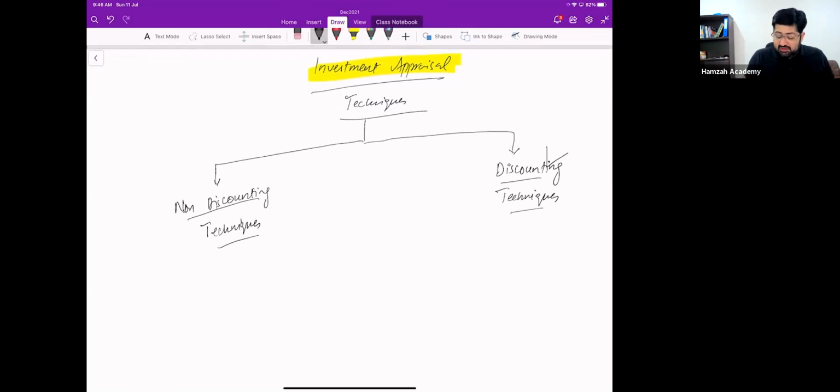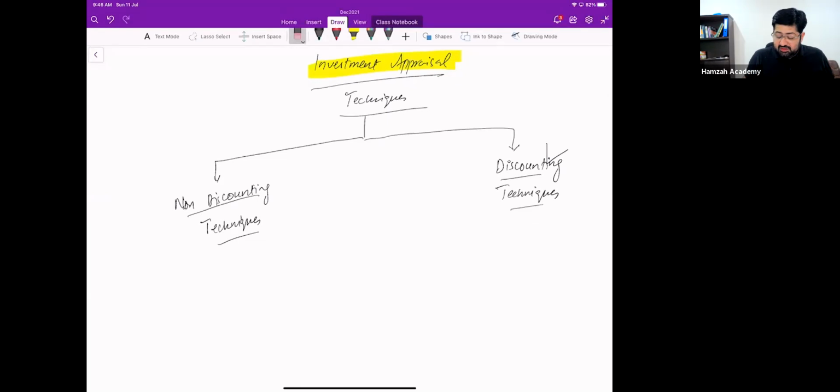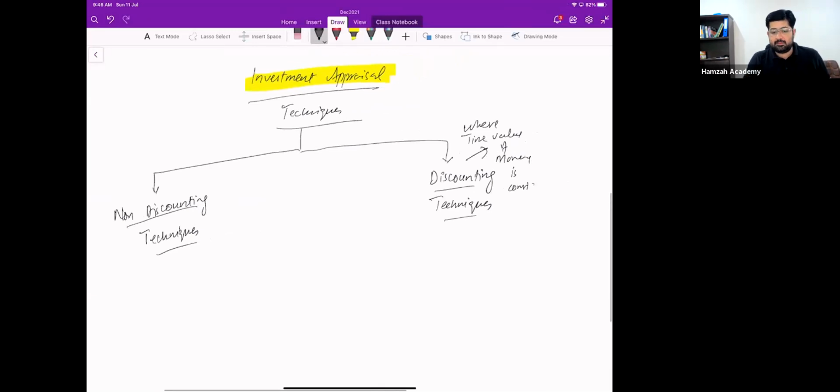Discounting techniques are those techniques where the time value of money is incorporated, is considered. Time value of money, what is that? I will talk about that in a few minutes.